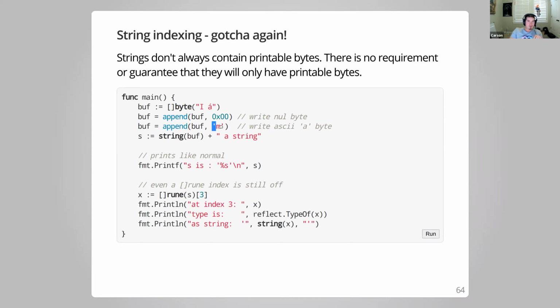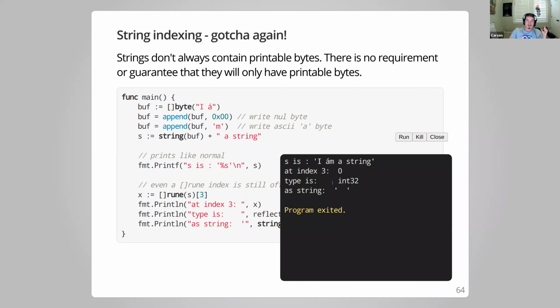And then I'm going to put my M on there, and then I'm going to build my final string and print that string. And what we will see is the string printed here. Then I'm going to use my perfectly sound logic of, well, convert this to a slice of runes first, and then indexing is safe. And prove that even then, in especially weird cases, it might not be true.